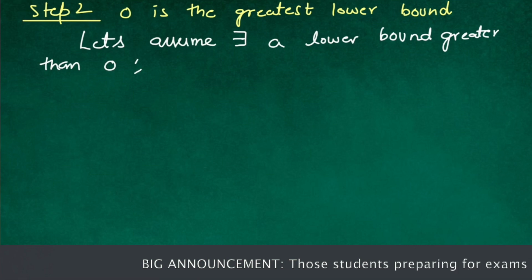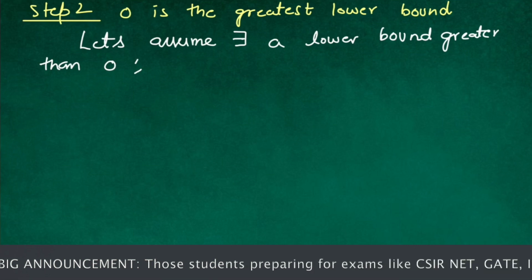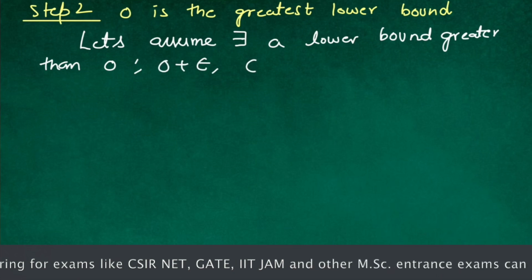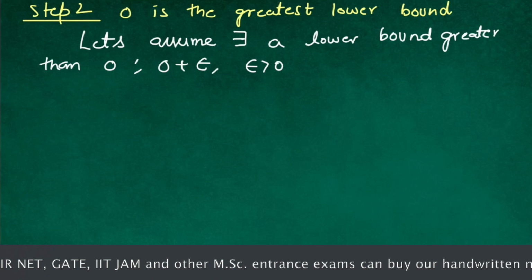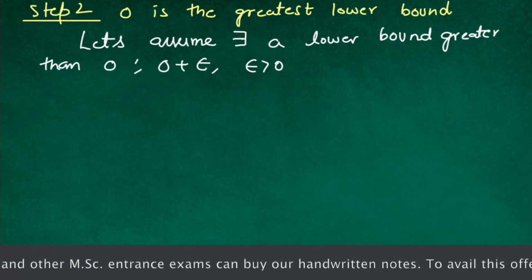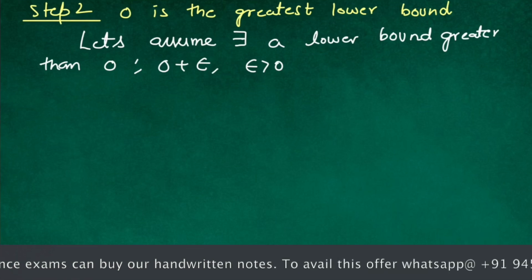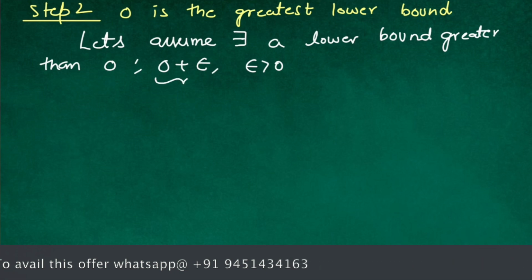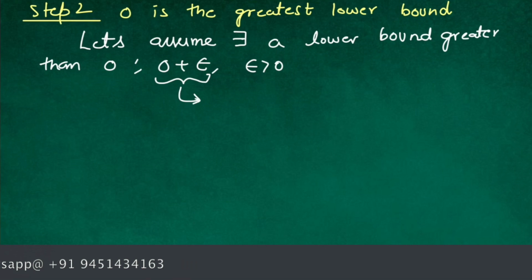So we can write such a lower bound greater than 0 as 0 plus epsilon, and epsilon is positive. This quantity 0 plus epsilon will always be greater than 0, right? So what we are saying is that this 0 plus epsilon is a lower bound.